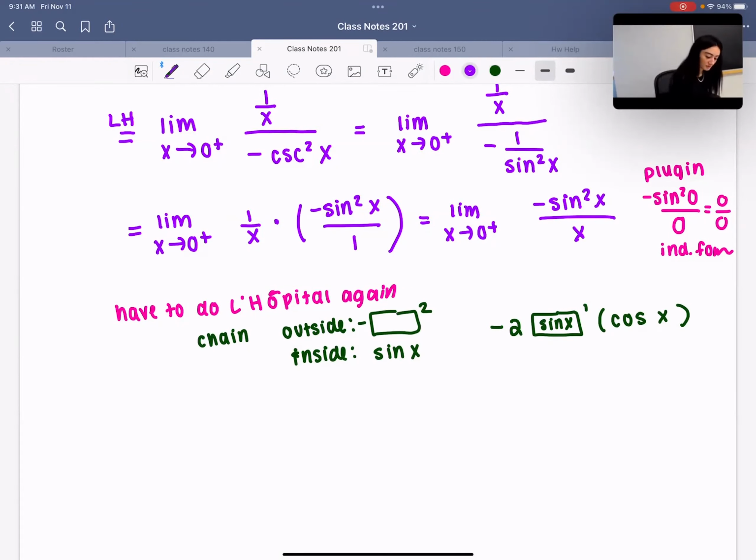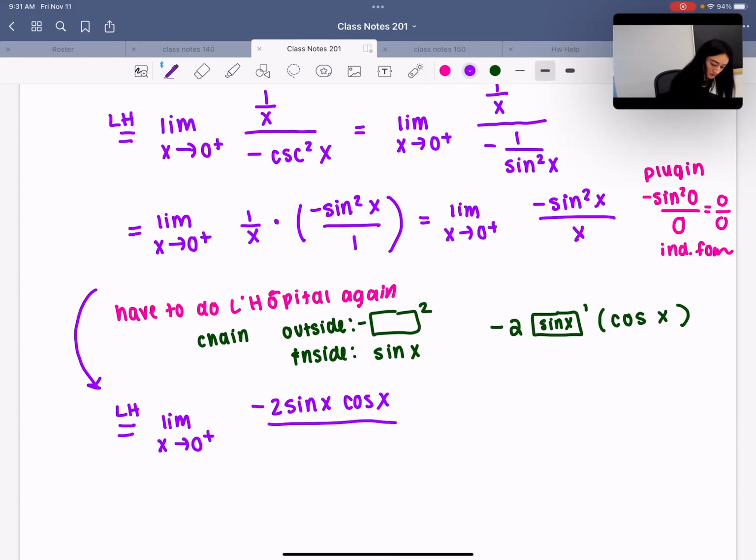All right, so let's use L'Hopital's rule again. And this is the limit as x goes to 0 from the right of, well, the derivative of the top, which we just found, negative 2 sine x cosine x. What's the derivative of the bottom? 1, good. Okay, so this is the limit as x goes to 0 of negative 2 sine x cosine x.